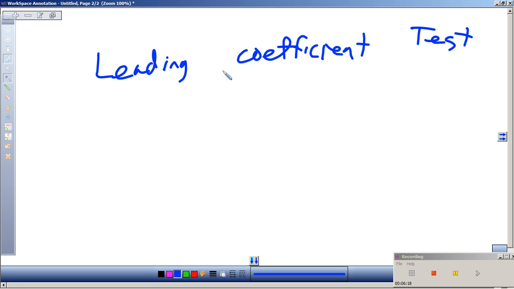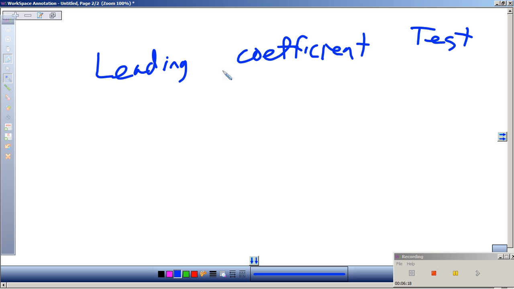So, to use the leading coefficient test is looking at what is the highest exponent. Is the highest exponent even or odd? And then look at the coefficient of that. Is that positive or negative?